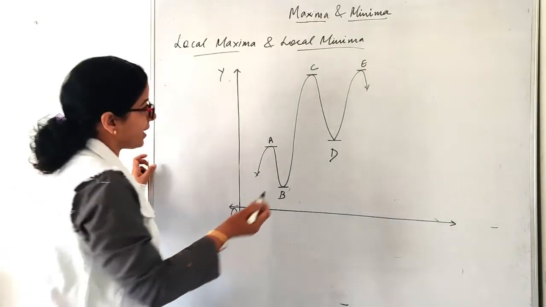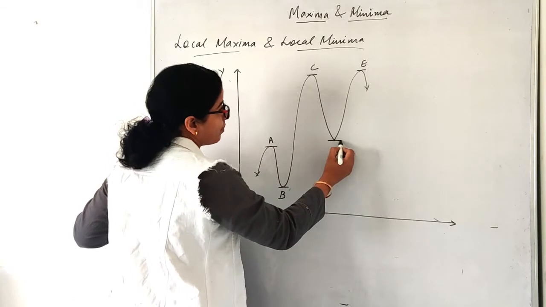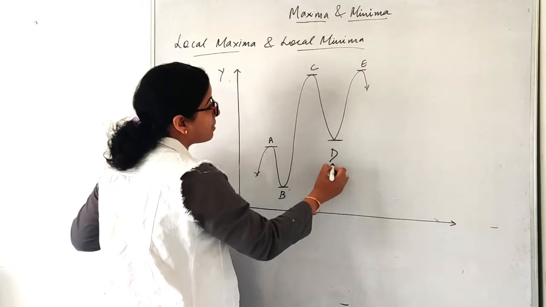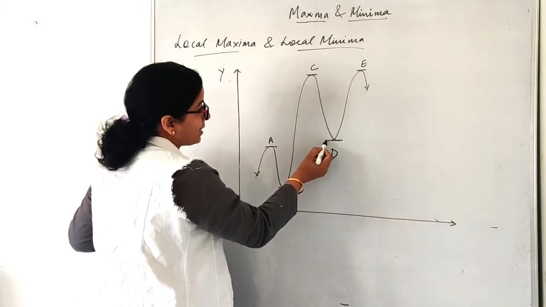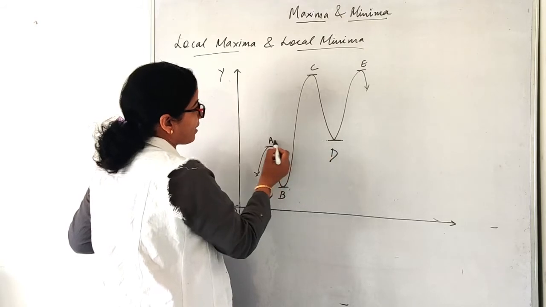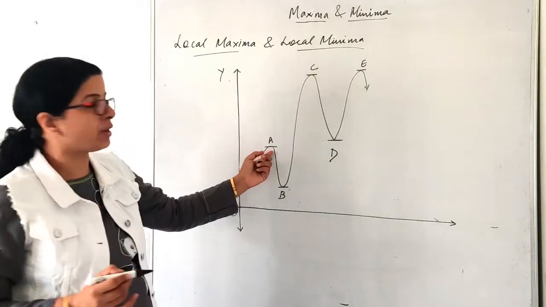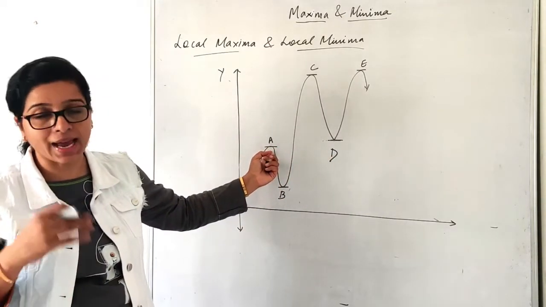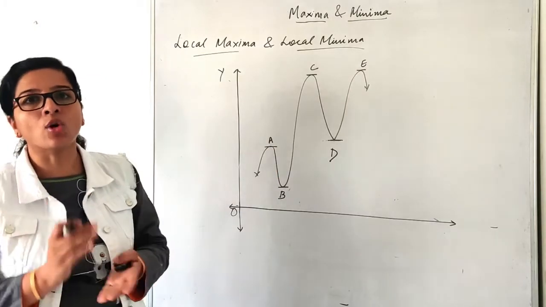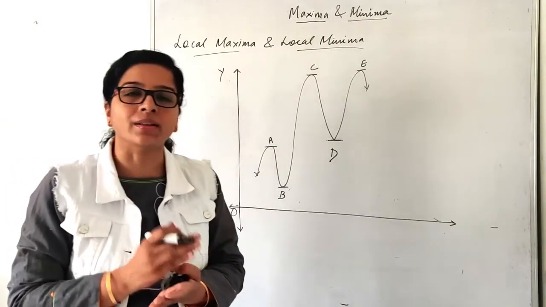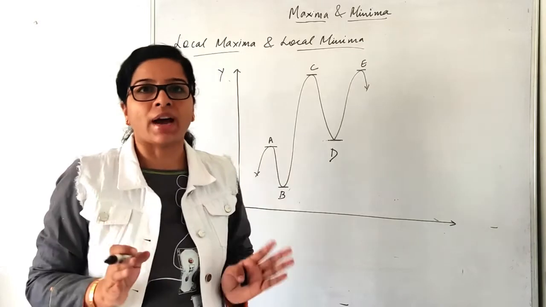So see here, at D the function is attaining a minimum value, but its value can be greater than the maximum value at A. So there can be a possibility that the local minimum value is greater than the local maximum value.